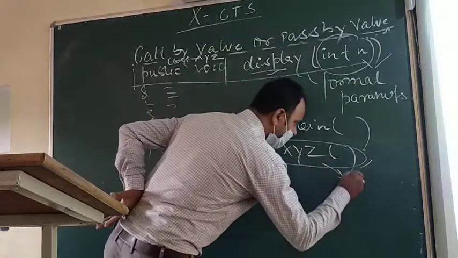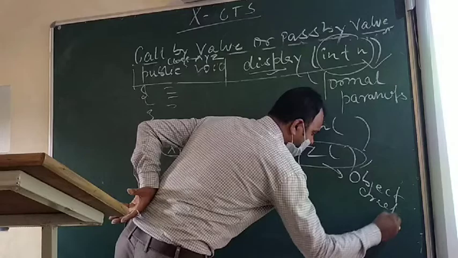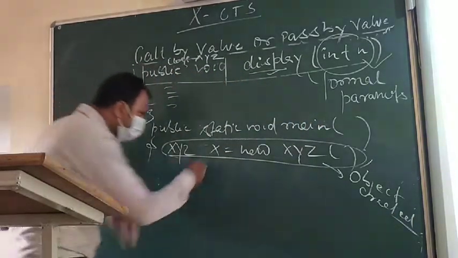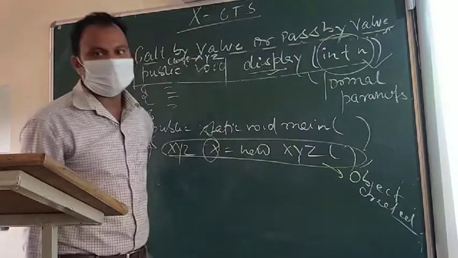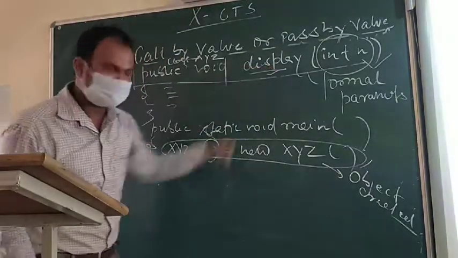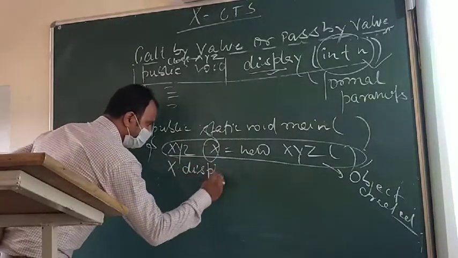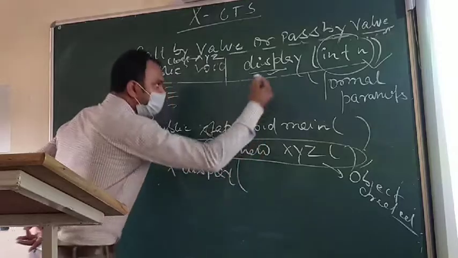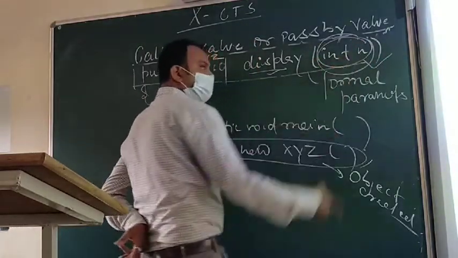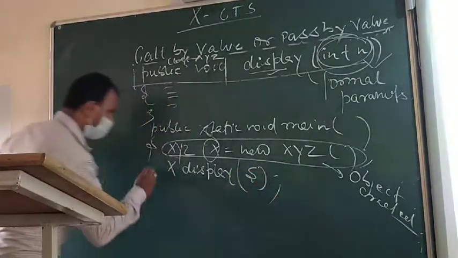Now through this object we can call all the non-static functions. So we have one non-static function and we need to call it, so we write x.display(p). This function contains one parameter of integer type, so let me pass 5 here. Now complete it.